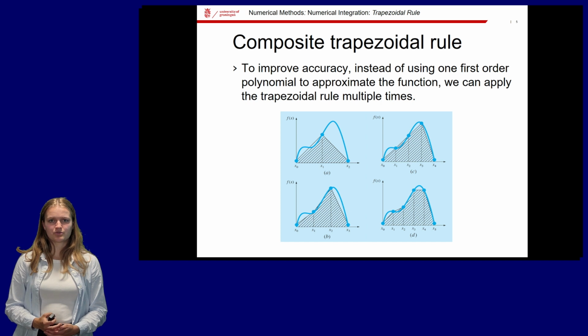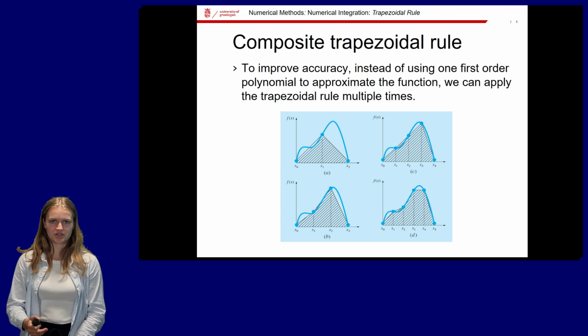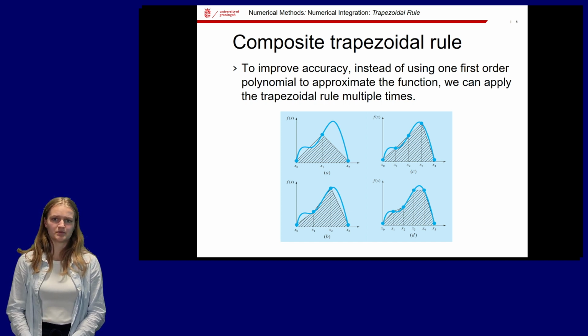So in order to improve accuracy, you can apply the trapezoidal rule multiple times. So we will divide this whole interval into different segments and apply the rule for each segment. So in this case, you will approximate the function using a number of straight lines. You'll calculate the area of the trapezoid for each segment, and this is depicted in the figure as well.